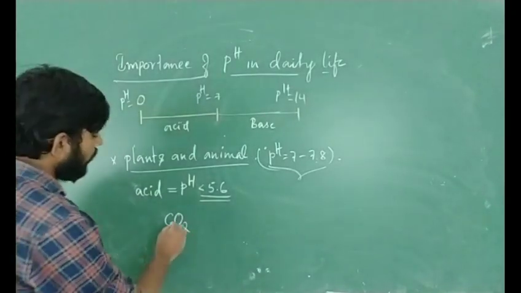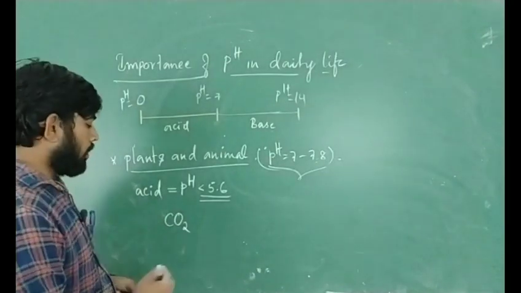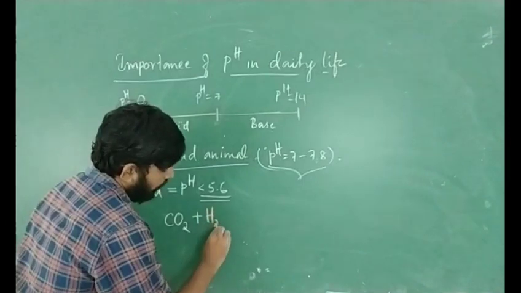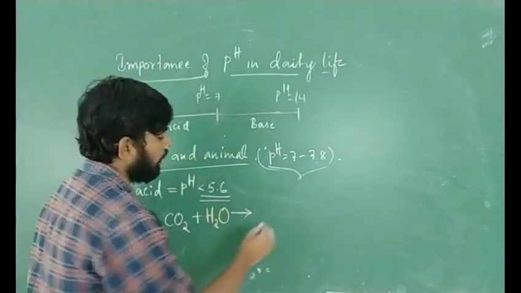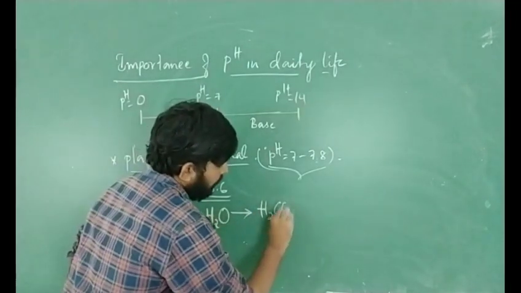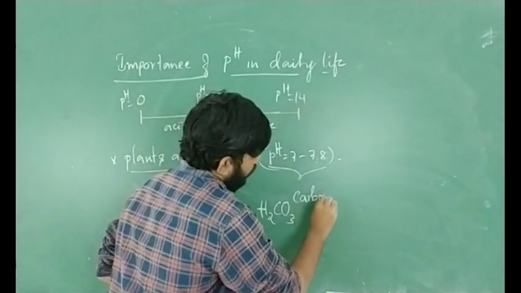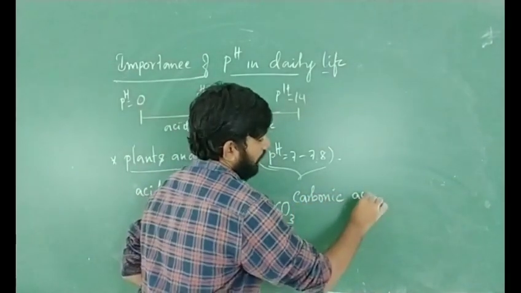When carbon dioxide is produced in a large quantity in the atmosphere, it reacts with rainwater, that is H2O. Both react and form an acid called H2CO3, which is nothing but carbonic acid.